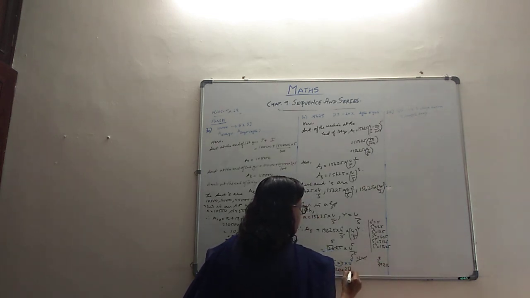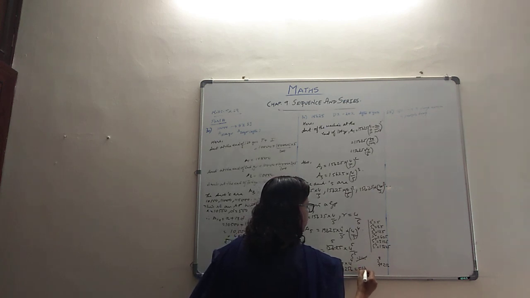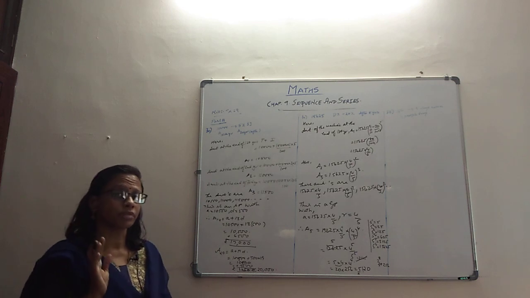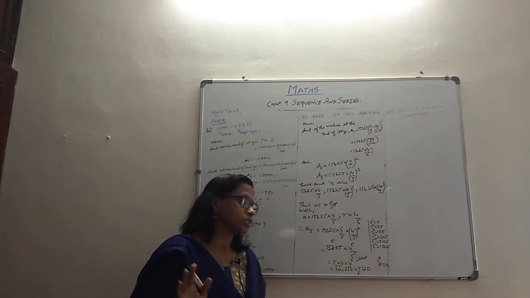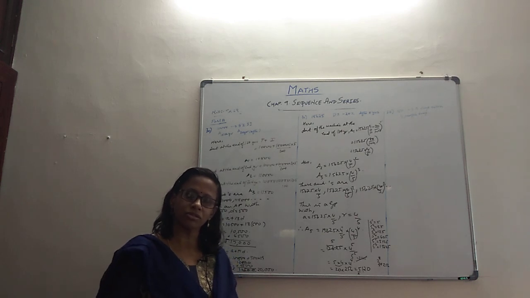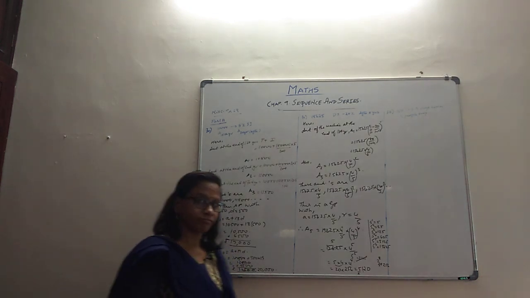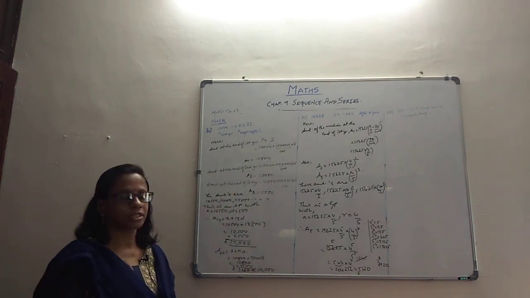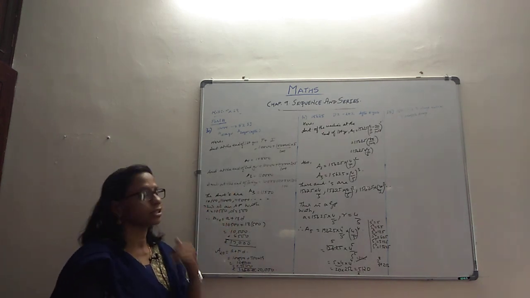So into 256, when we multiply it will become 5120 rupees. A thing which was costing 15,000 plus is costing only 5,000 plus after 5 years. That's a sorry state. After 5 years, it's going to go down so much. That's the depreciation amount, and that was our problem number 31.